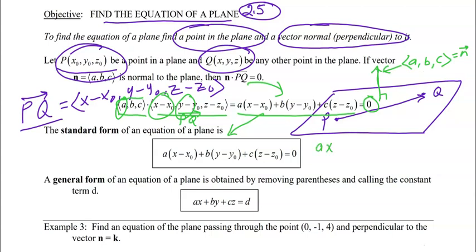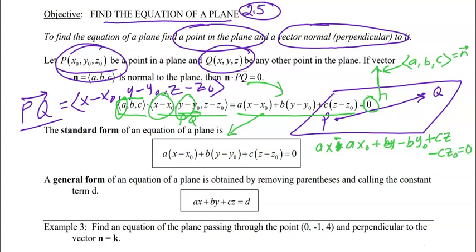It looks like this: Ax minus Ax0 plus By minus By0 plus Cz minus Cz0 should be equal to 0.